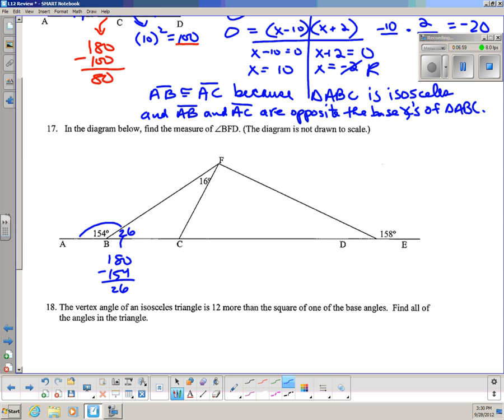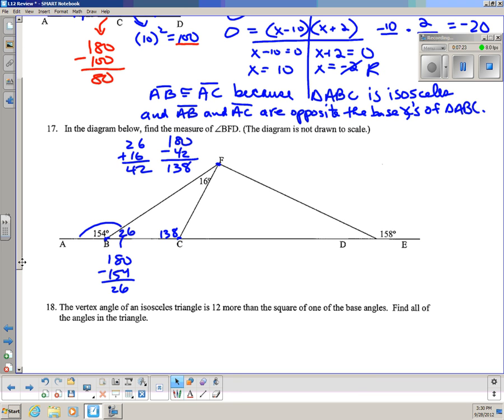Now I have triangle BFC. And I have two angles of that triangle. So I can say, well, 26 plus 16 is 42. And since the angles of a triangle add up to 180 degrees, I have 180 minus 42, which is 138. And that 138 can go right here.